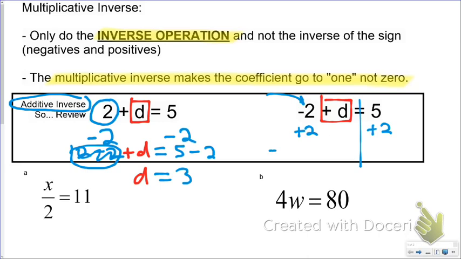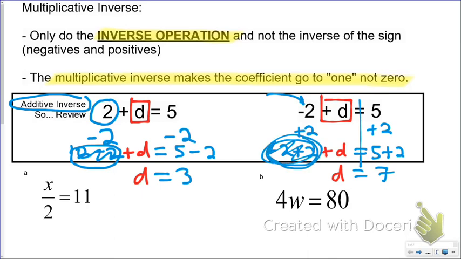So I have negative 2 plus 2 plus d is equal to 5 plus 2. And again, the whole reason for this was so that those 2's go to 0, and I'm left with d is equal to 5 plus 2, which is 7. So this is solved for d. So when we're doing additive inverse, we're trying to cancel out the constants and get them to 0.